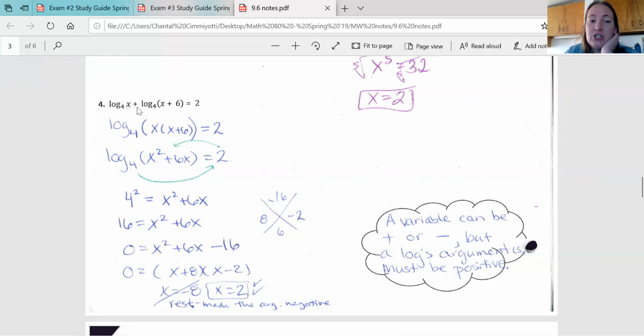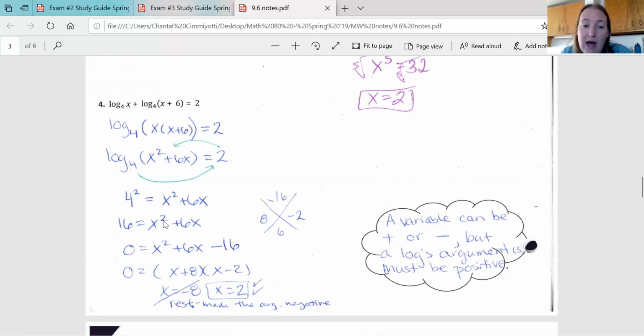So addition, when we combine into a single log, is the same as multiplying the arguments. Now that it's a single log, and I went ahead and distributed it, I'll have 4 to the 2nd equals x squared plus 6x. I can evaluate 4 squared is 16.